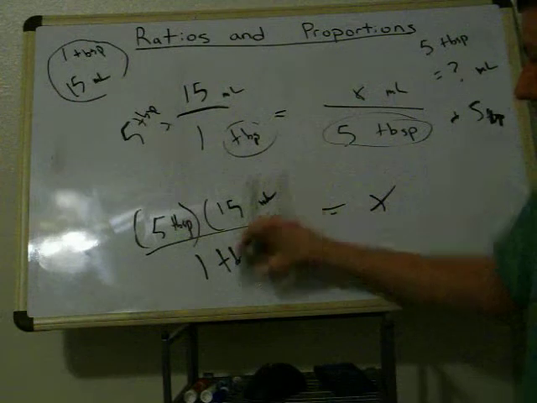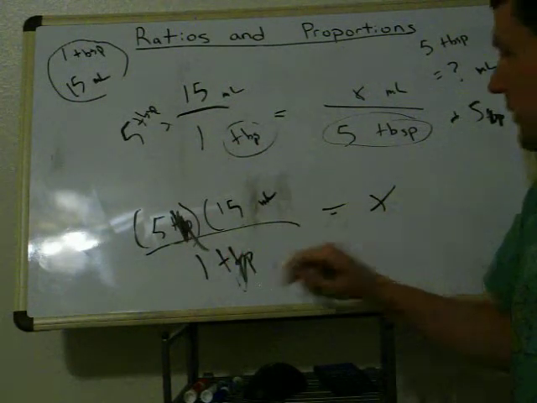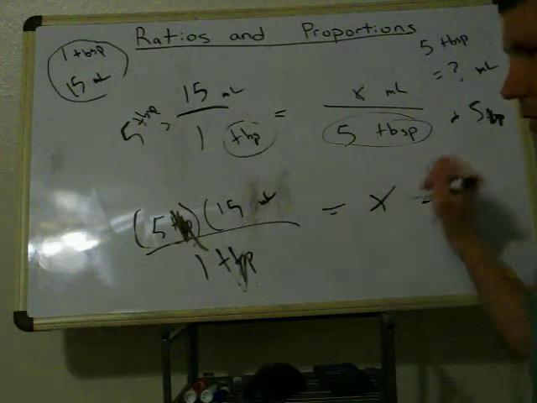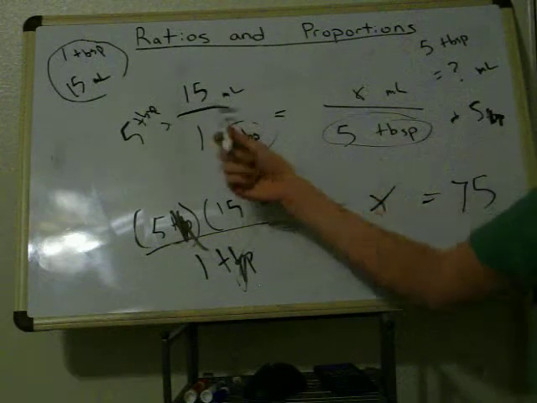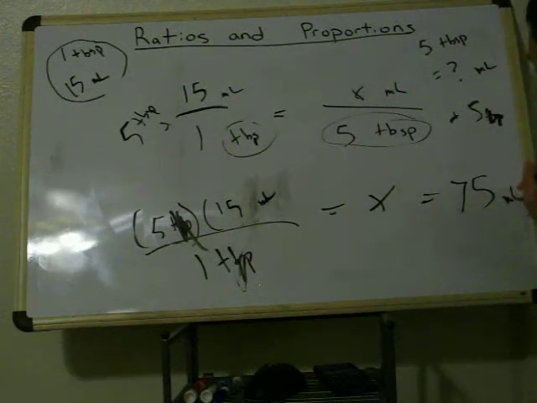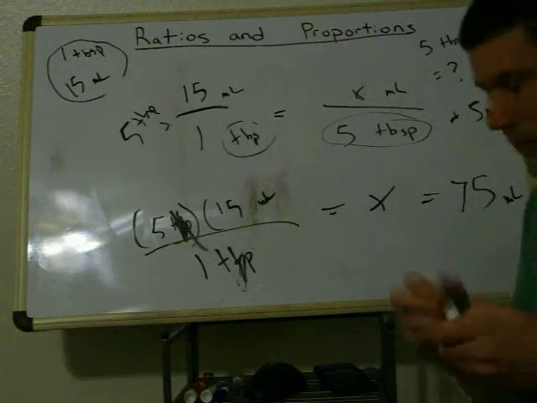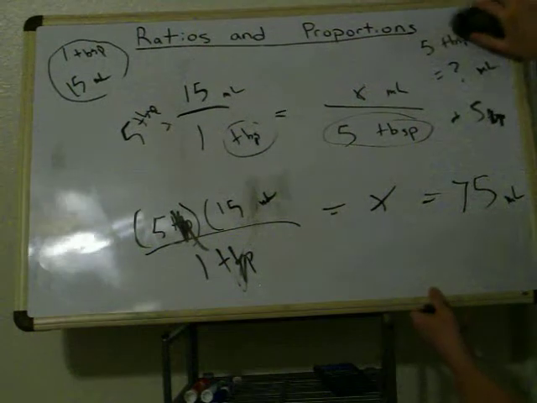So our tablespoons cancel out. We're left with 5 times 15 over 1, and that is 75. So if we have 5 tablespoons, we have 75 milliliters. All right, that's the answer.